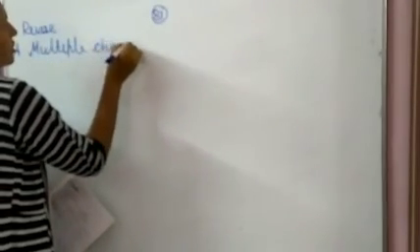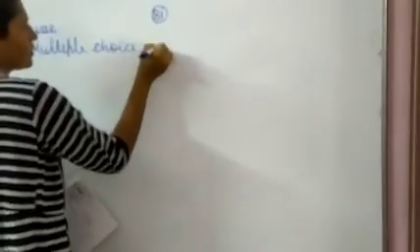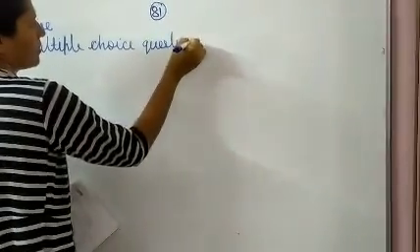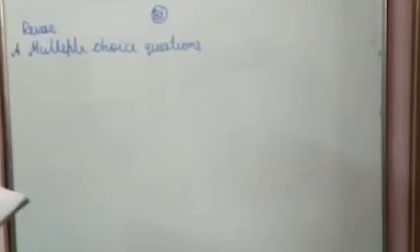Multiple choice questions. So for the first problem, what is given? Multiplication means repeated what of a number? The options are division, subtraction, addition, and none of these.